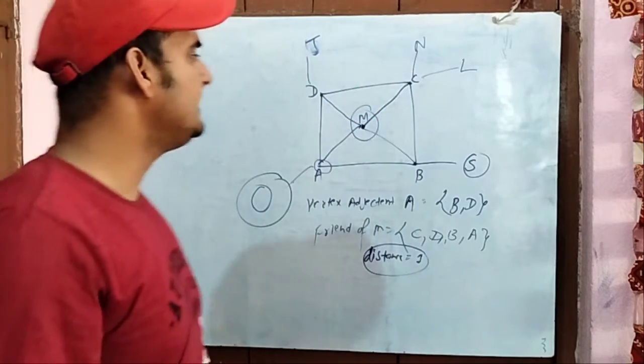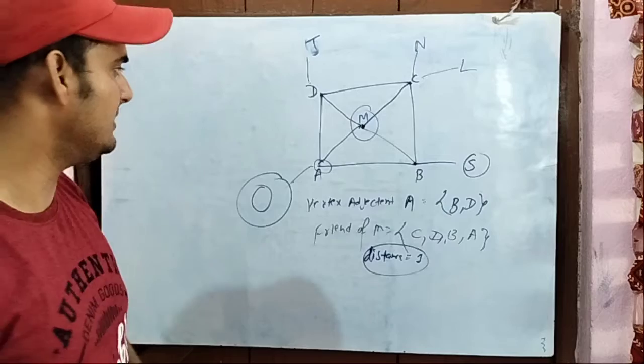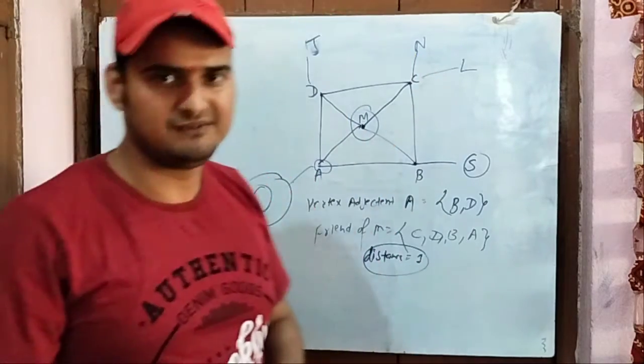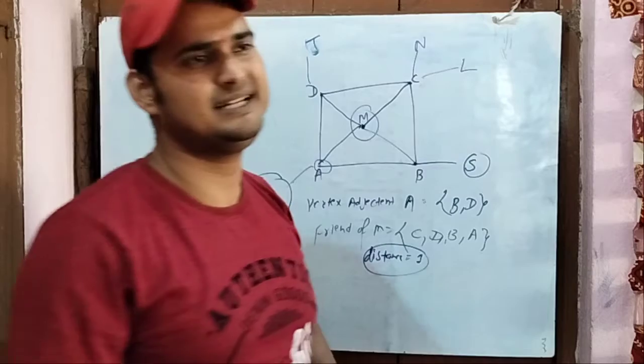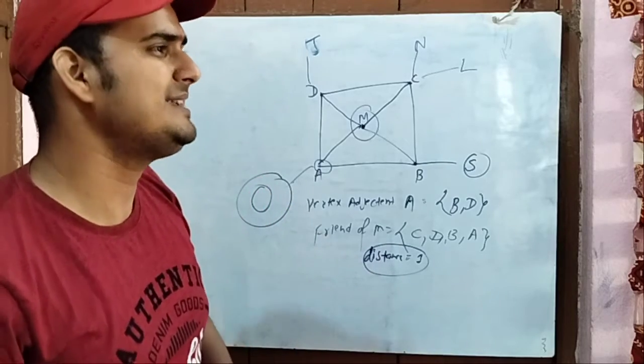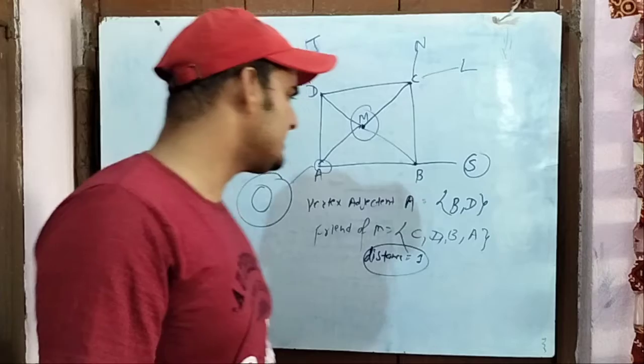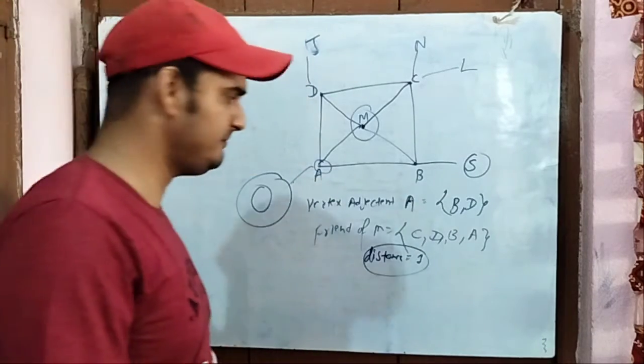Now, how does friend suggestion work? There is a concept in graph theory called breadth first search, a graph traversal you might have learned in data structures.